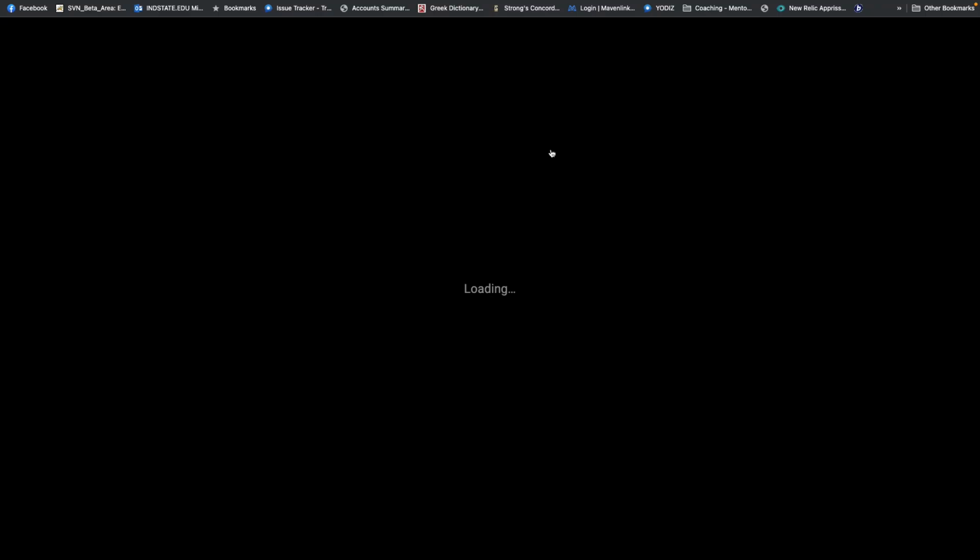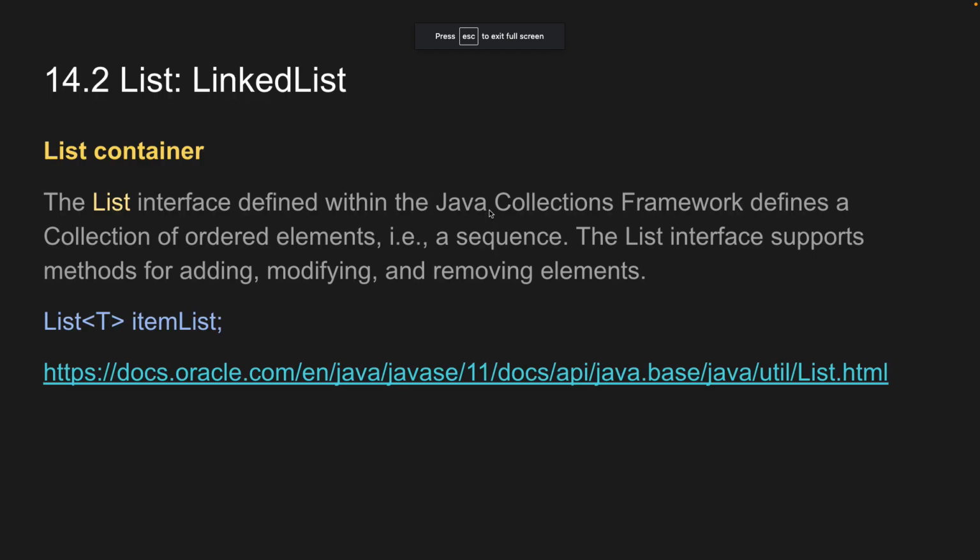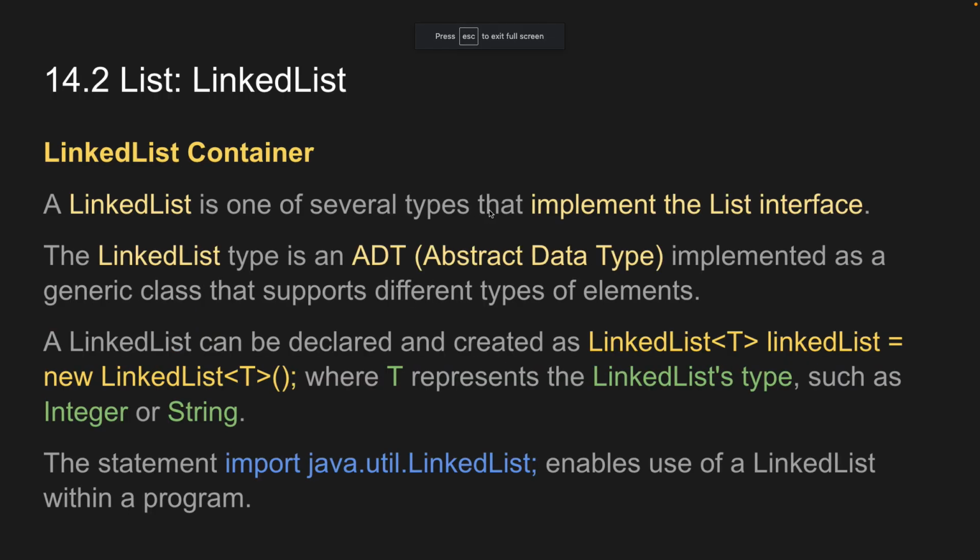All right. So that is the list. Now, does anyone remember the discussion about the linked list? How you would create a linked list with nodes and all of that? Well, Java Collections has an abstract data type.